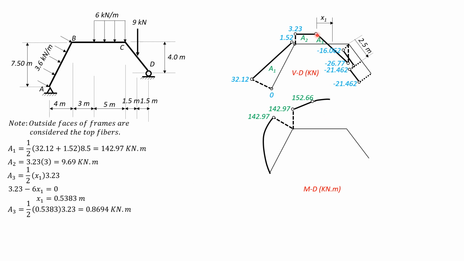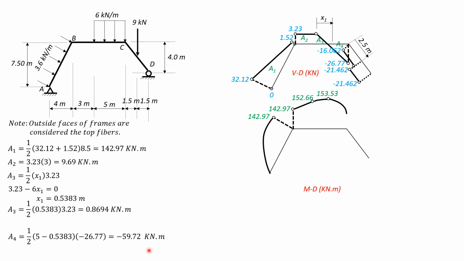So that we add it here, 152.66. So that's positive decreasing. This is the maximum moment, positive moment. 152.66 plus 0.8694 is equal to 153.53. And minus this area, which is area 4. So that's negative 1/2 of 5 minus x1 times negative 26.77.